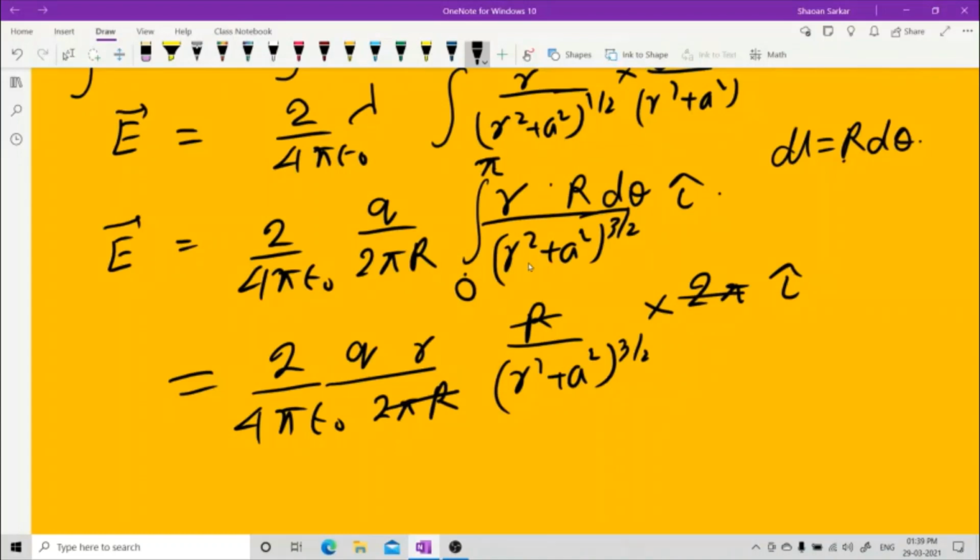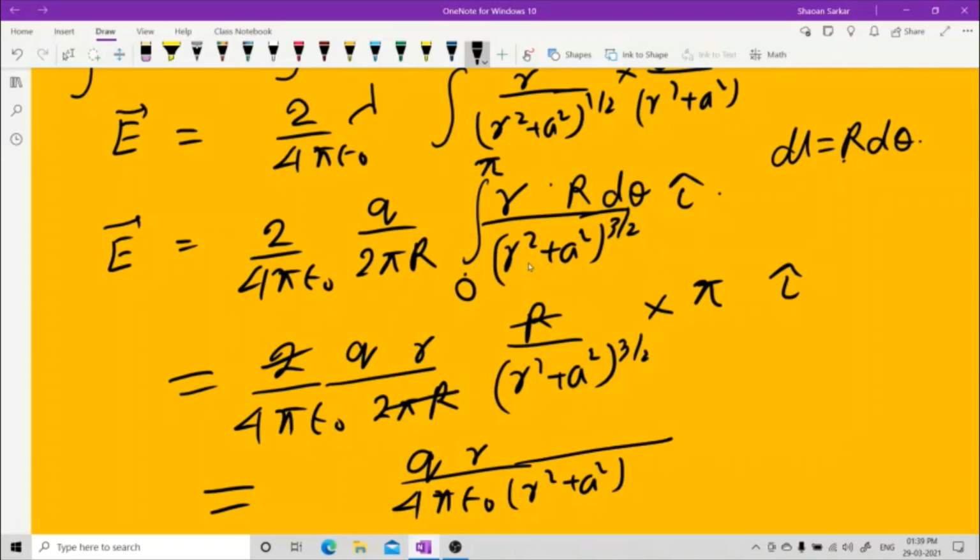Wait a minute, not 2 pi, sorry, it is pi. My integration was wrong. 0 to pi will give me pi only. So this 2 and this 2 pi R will cancel, and you will get QR upon 4 pi epsilon naught r square plus a square to the power of 3 by 2 i cap, and this will be my electric field.